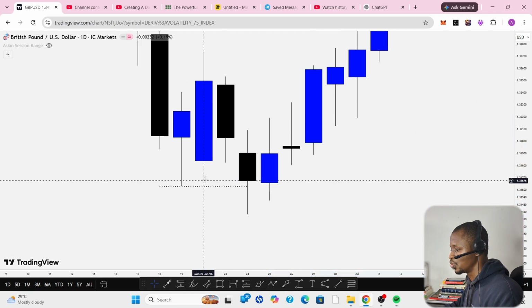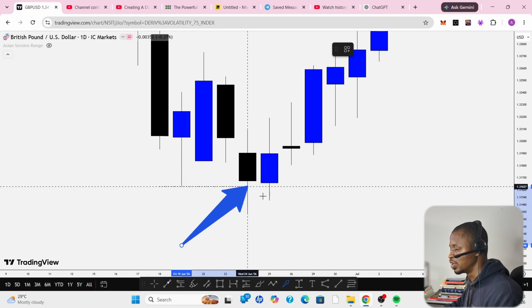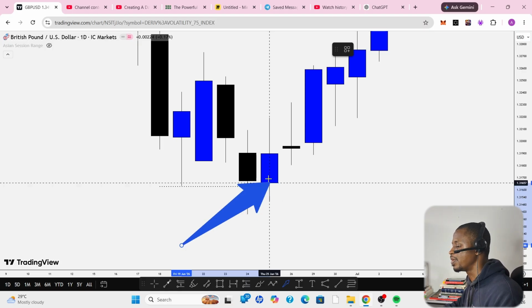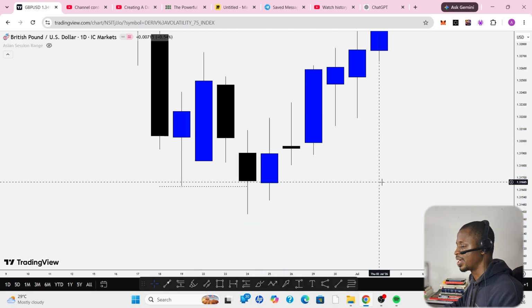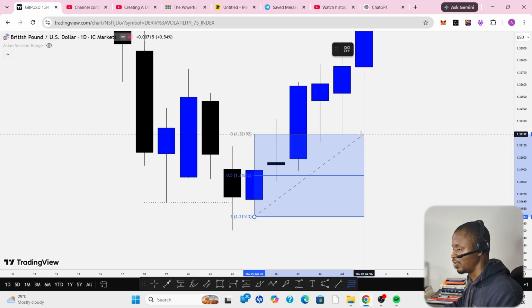You understand? So after this candle closes within the swing low, the next candle gives us the bullish candle, which confirms that we are about to move towards the upside. For that next candle, you can mark the 50% level.